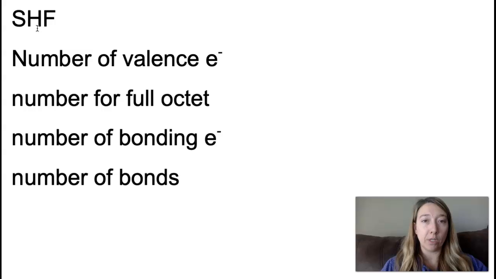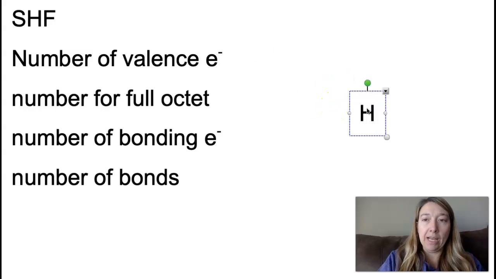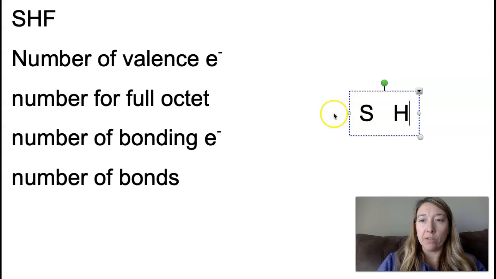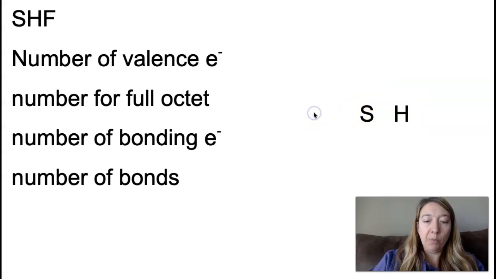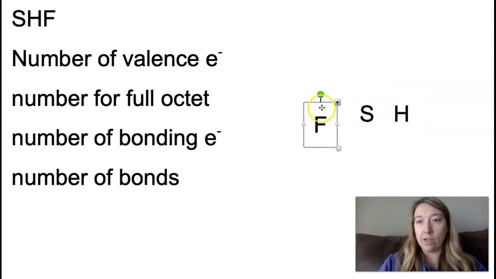So far sulfur is going in the middle because it had 2 unpaired. Hydrogen had only 1 unpaired. When we get to fluorine, it also only has 1 that is unpaired. So how we're going to put this together is we're going to put the S in the middle. We're going to put the H on one side, and we're going to put the F on the other side.